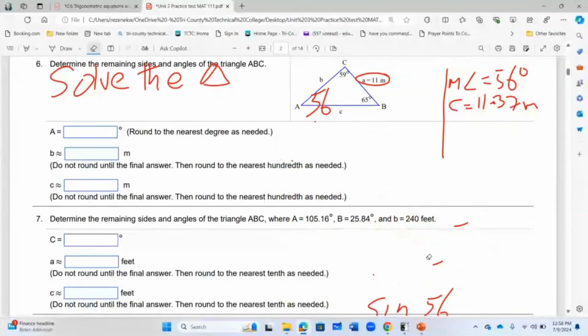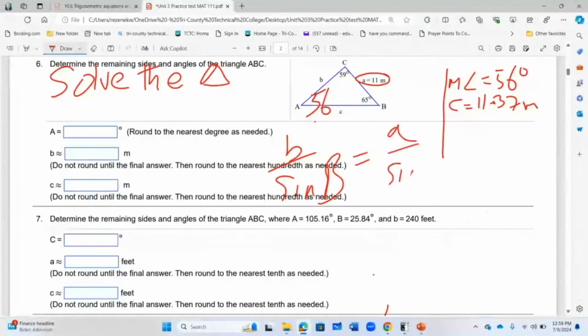To find side B, I can use A over sine A. Then plug in.